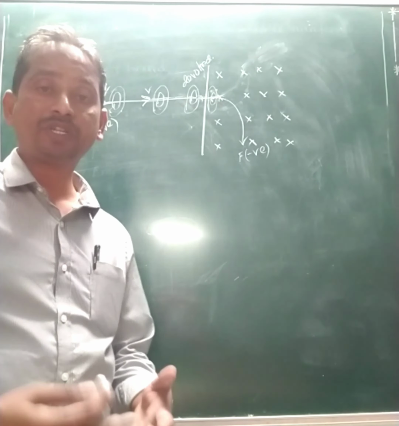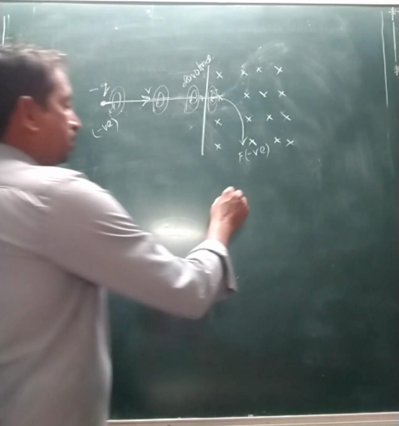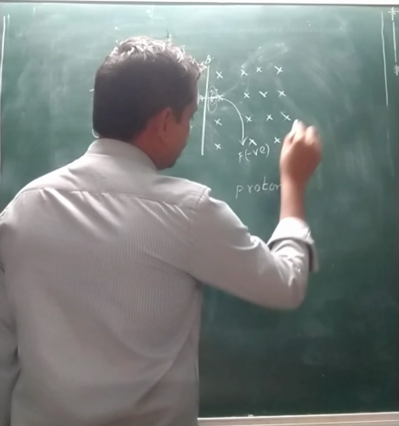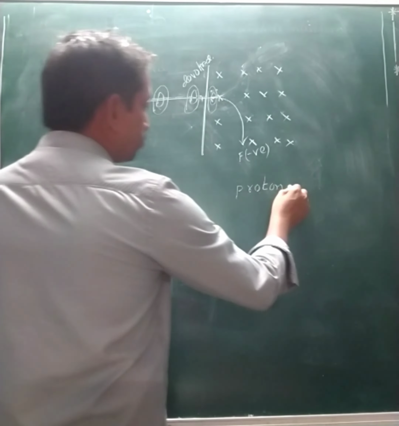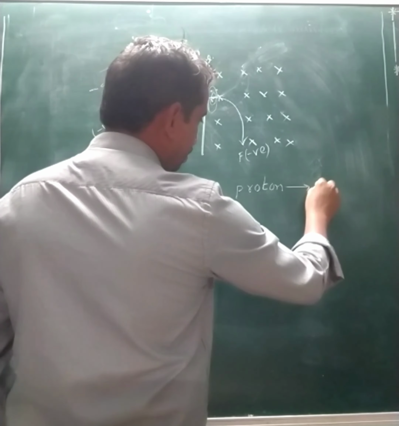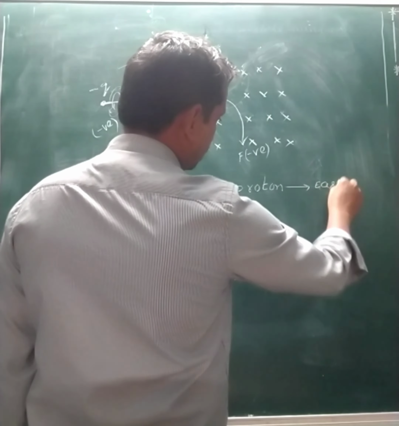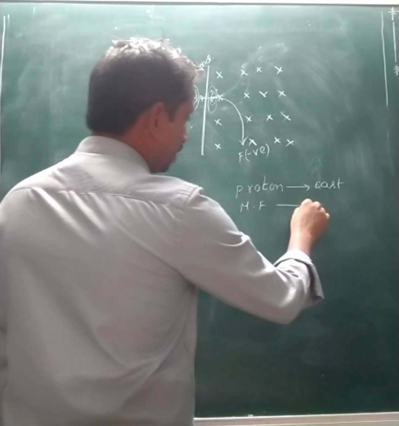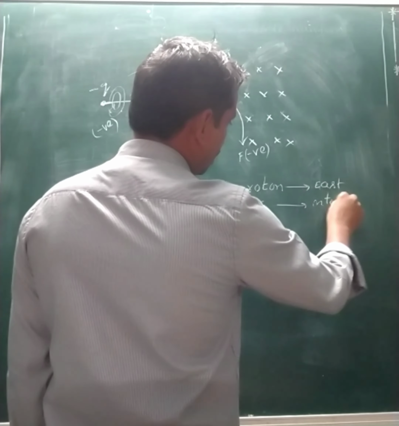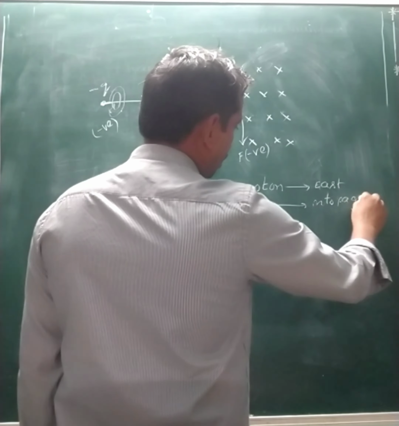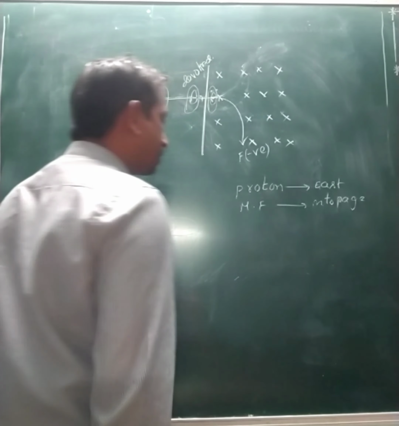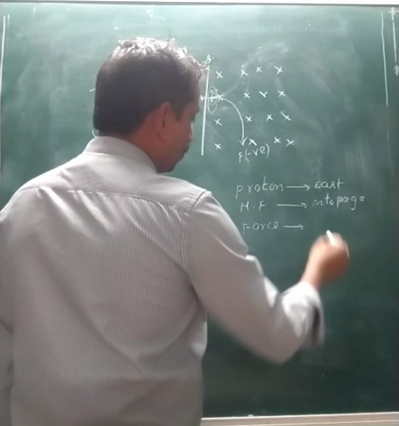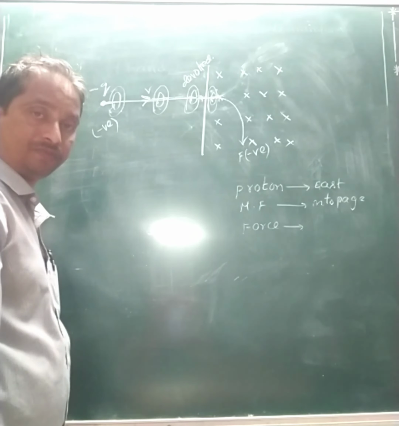A general question is there: when a proton is moving with a certain velocity, okay, proton is moving along the east side, and the magnetic field is applied into the board, then what is the direction of the force? Force direction we have to find out. How will we do it?